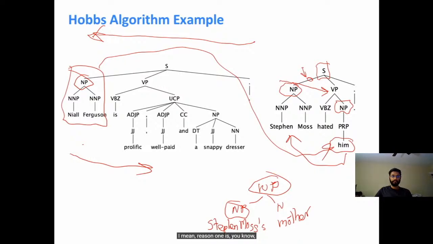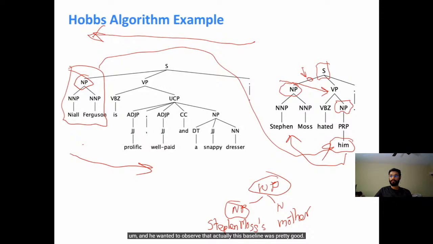Reason one is, this is one of the first places in natural language processing that someone produced a baseline. It's seen now in NLP and other areas that anything you're doing, the first thing you should do is have a baseline, a simple system, and see how well it works. And this was his simple rule-based system for doing co-reference.